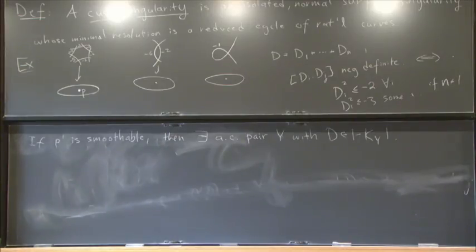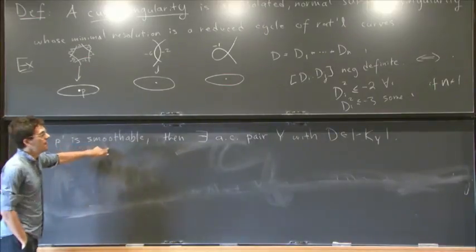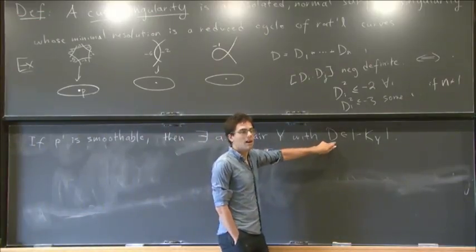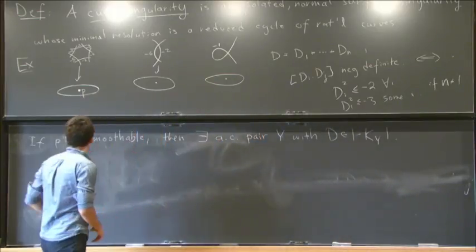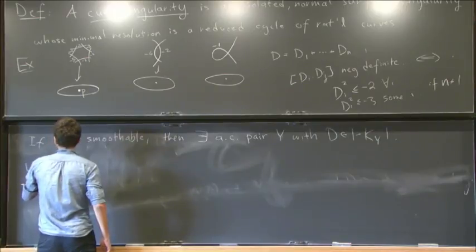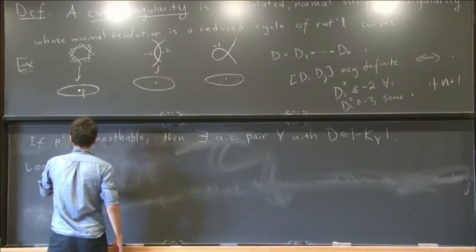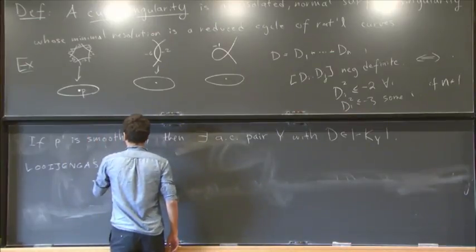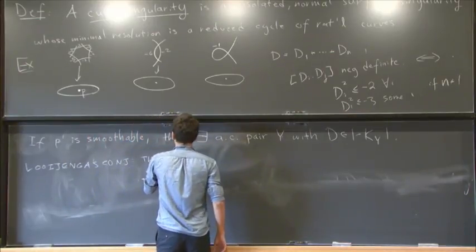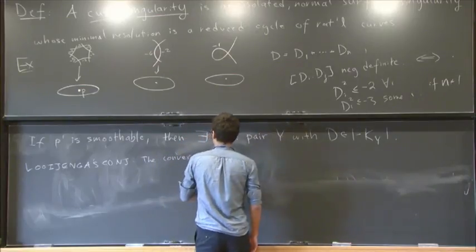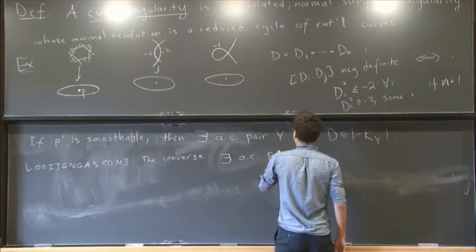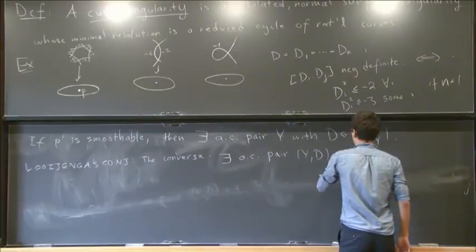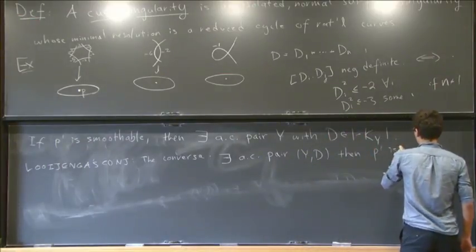Some cusp singularities are not smoothable. But if a cusp singularity is smoothable, then the minimal resolution of the dual cusp appears as the anti-canonical divisor on some rational surface, amazingly. And so Looijenga's conjecture is the converse, which I'll write out just to be totally precise. If there exists an anti-canonical pair Y, D, then P prime is smoothable.